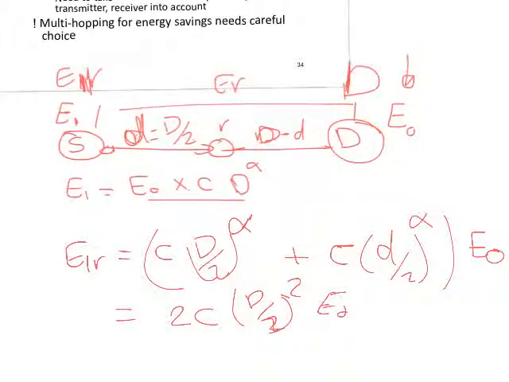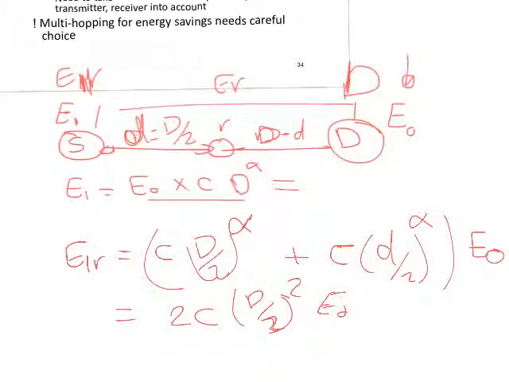So if alpha is 1, then we didn't do anything. But because alpha is 2, this becomes D squared over 4. And this one here is D to the power alpha.